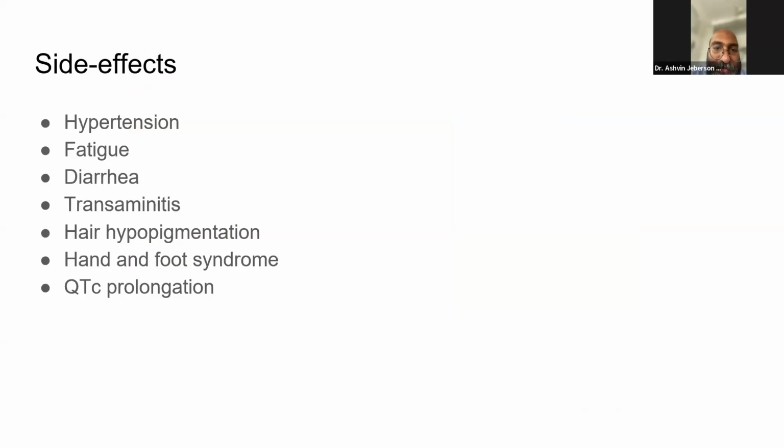So the main side effects, when we counsel a patient before taking pazopanib, is that we tell them to monitor their blood pressure, because suddenly they can have a rise in blood pressure. So we need to tell them to keep a diary and at least weekly monitor their blood pressure to see that there is no sudden rise.